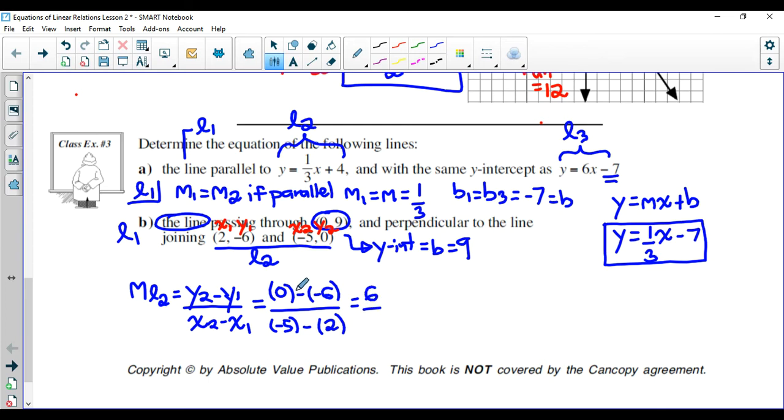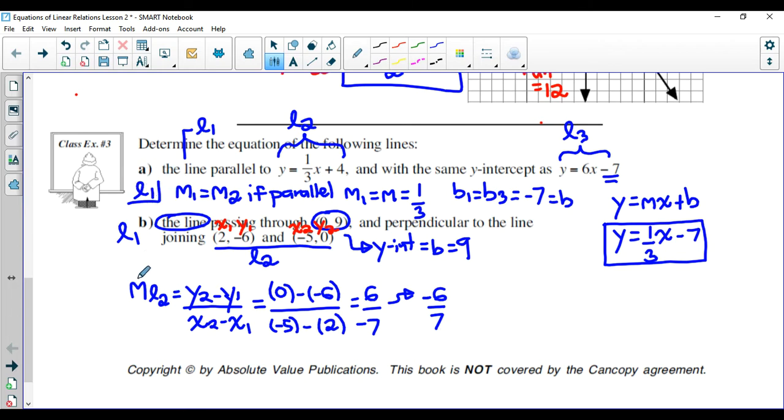Okay, so 0 subtract -6 would be +6. Negative minus a negative is a positive. And then -5 minus 2 would be -7. I'm just going to rewrite it a little bit though. Generally, we like to write the negative on the top. So instead of writing 6/-7, I'm just going to write down -6/7.